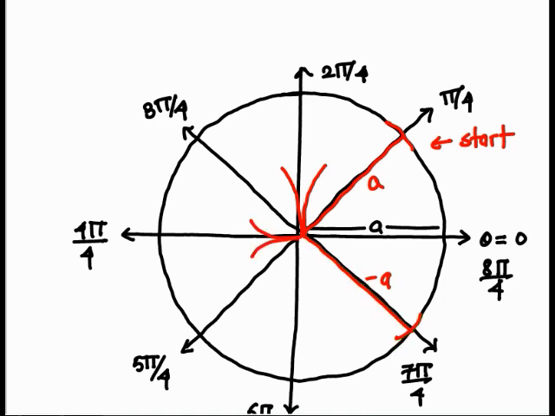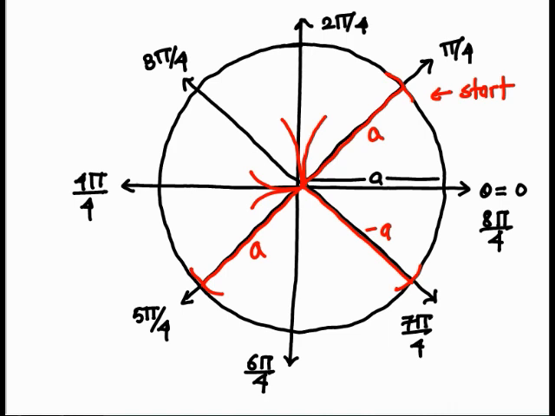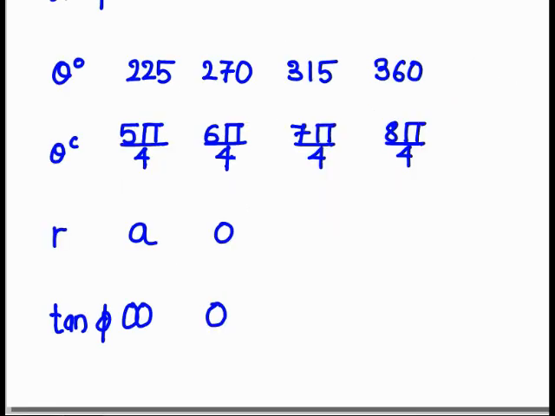In the diagram at 4π/4, the radius value is 0. The behavior of the curve is like this. Now for 5π/4, the radius value is a and tan φ is infinity. So in our diagram, this value a is like this and the curve behaves like this. At 6π/4, the radius value is 0 and tan φ value is 0.